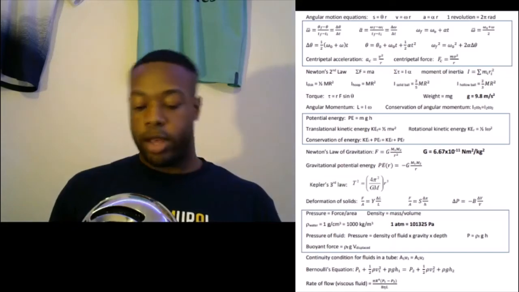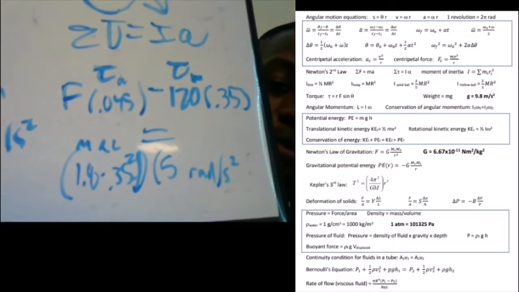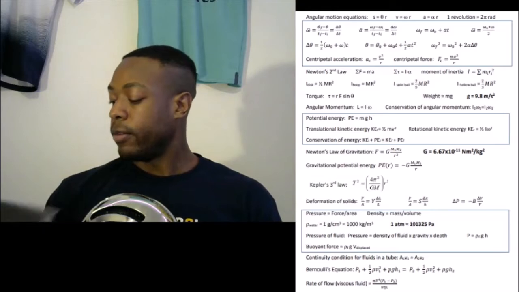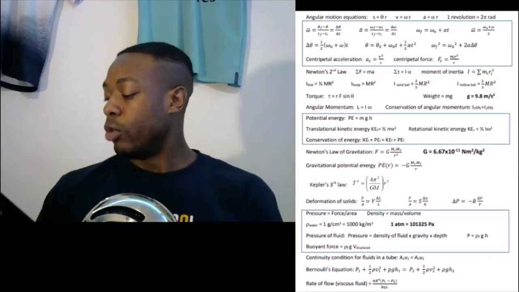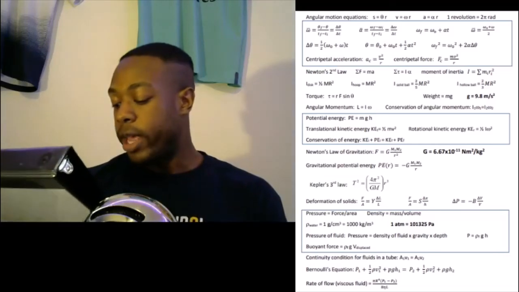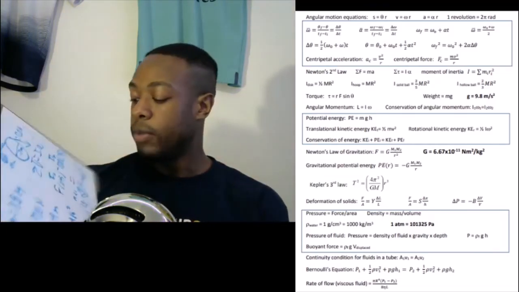I'm going to square that. And that is our final equation. It's up there pretty sloppy, but we've got force times 0.045 minus 120 times 0.35 equals 1.8 times 0.35 squared times 5 radians per second squared.